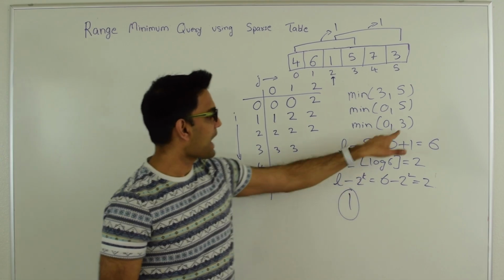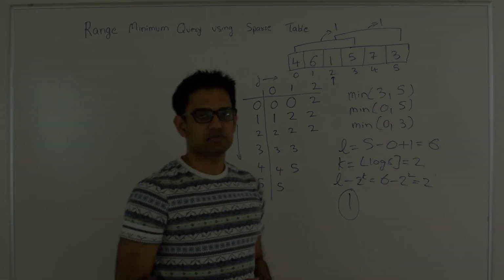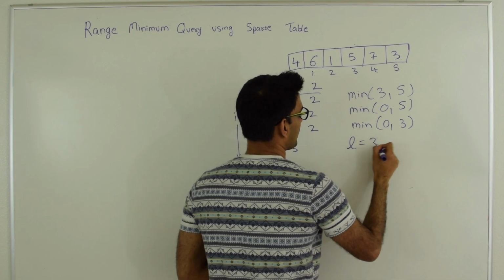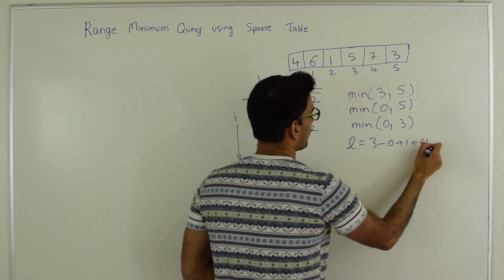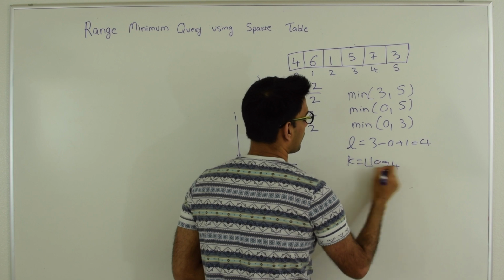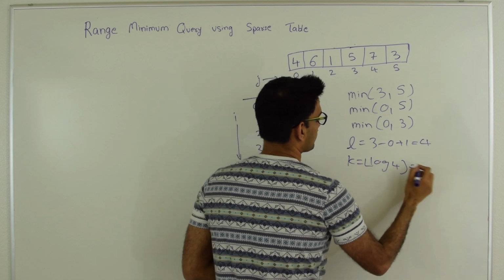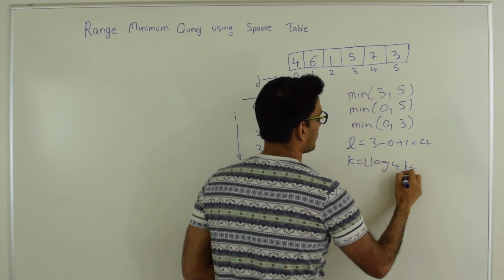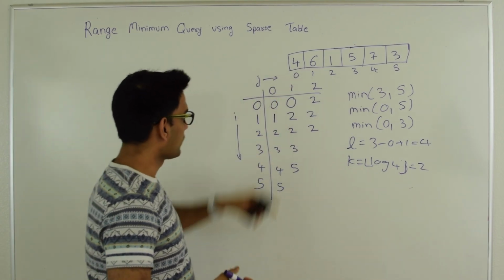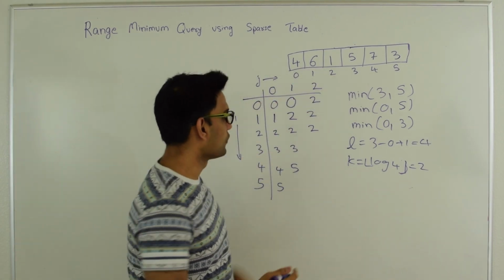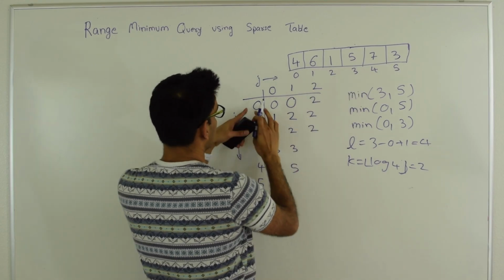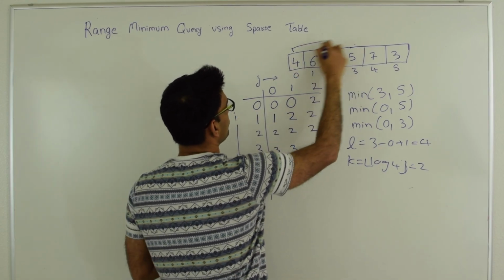Let's take one last example of 0 to 3. So we are looking for a minimum from 0 to 3. L is equal to 3 minus 0 plus 1, so 4. K is going to be log of 4, so this value is going to be 2. So starting from 0, we are looking for the minimum of next 2 raised to 2 elements, and that value is 0 and 2, so that value is 1.